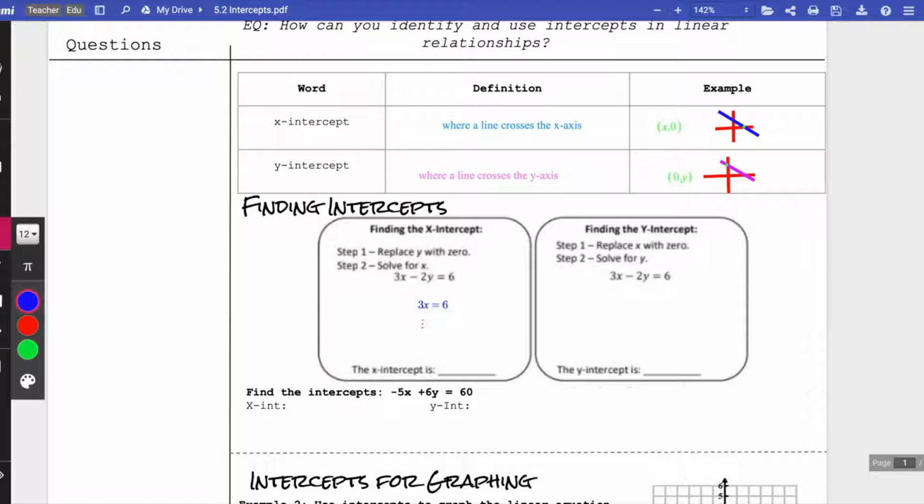So 3x equals 6, you divide by 3, x is equal to 2. So it's that easy. 6 divided by 3 is 2. So since x is equal to 2, then the intercept, remember, has to be of this form. So the x-intercept would be the point 2, 0.